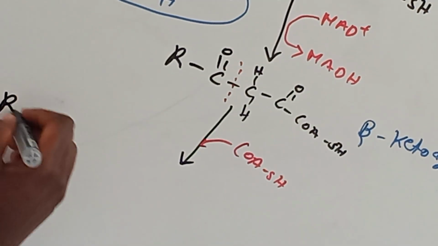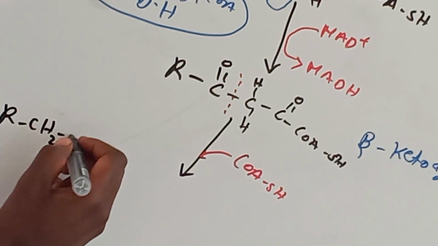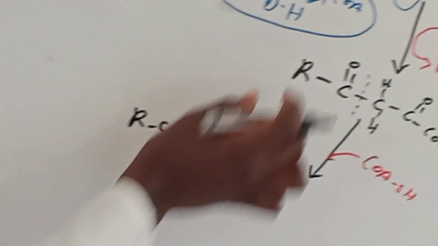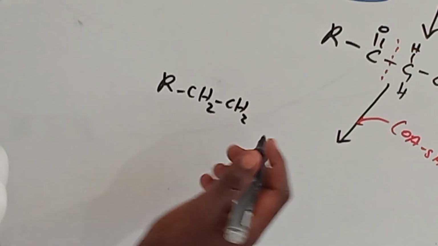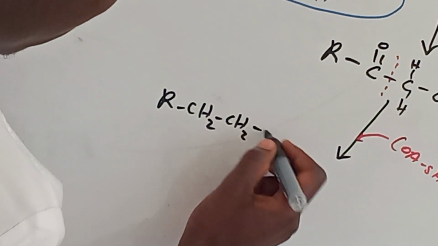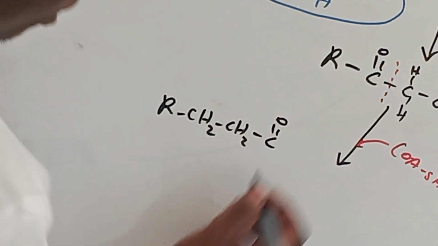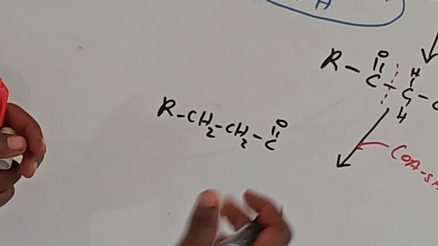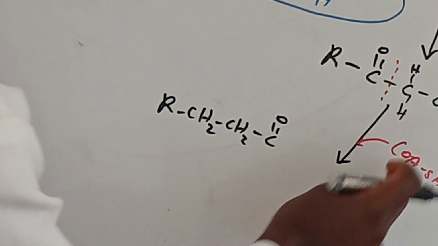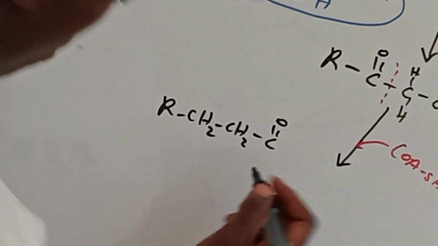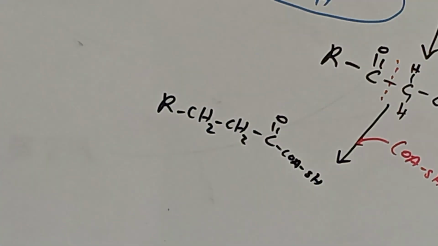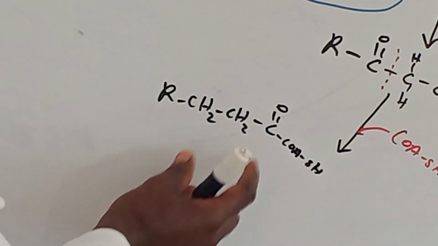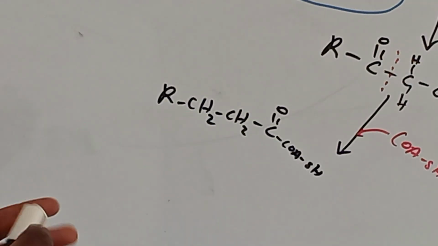Don't get confused, guys, I'm just lengthening the carbon chain so that you can see exactly what's going to happen. Now this enzyme that I'm about to name is going to introduce a CoA onto the beta carbon. So I'm going to have a CoA-SH. I hope that's very clear. What I've done is I've just lengthened the R group.